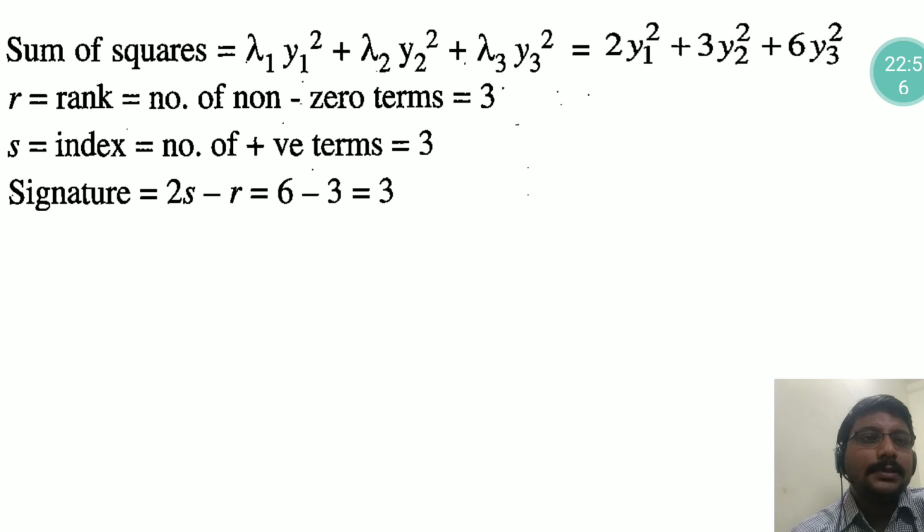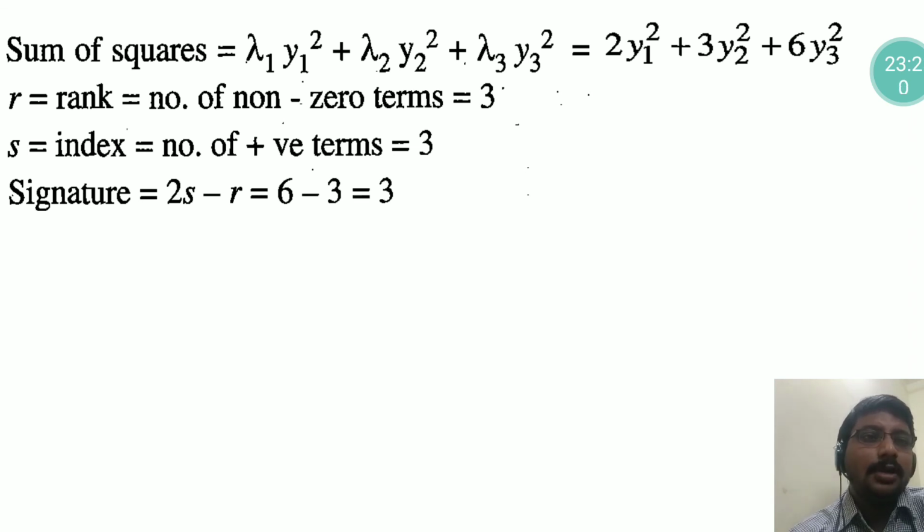So, easy steps to reduce the quadratic form to canonical form by orthogonal transformation. We have to use a few steps. The first step is to take the symmetric matrix A. In the second step, we find all eigenvalues. In the third step, we find eigenvectors. In the fourth step, we find normalized eigenvectors.